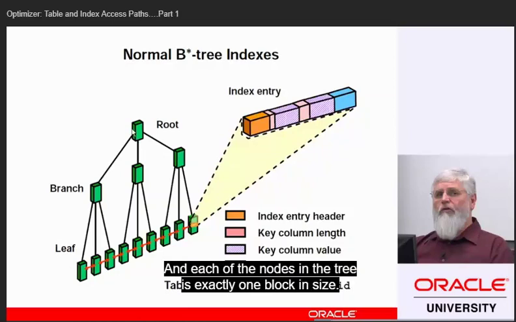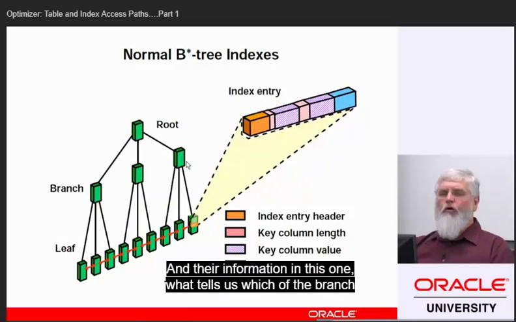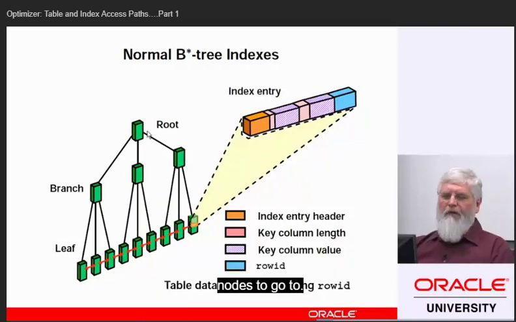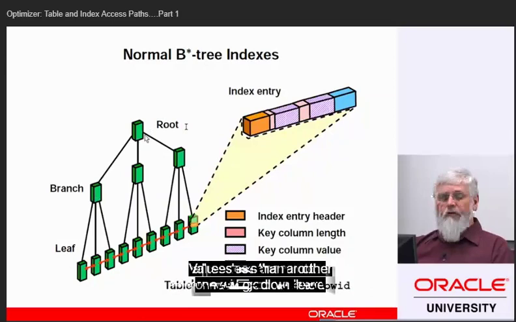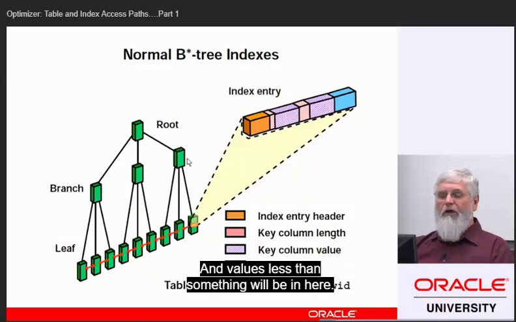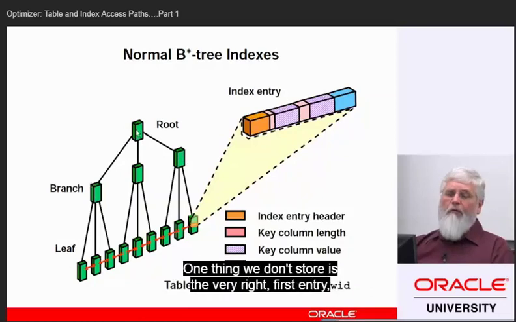Values less than a certain value will go down here based on the key or keys. Values less than another one will go down here, and values less than something else will be in here. So we know the max because we have a max value up here. One thing we don't store is the very right first entry, which is the min value. It would actually simplify the skip scan processing to a certain extent if we did, but they didn't.